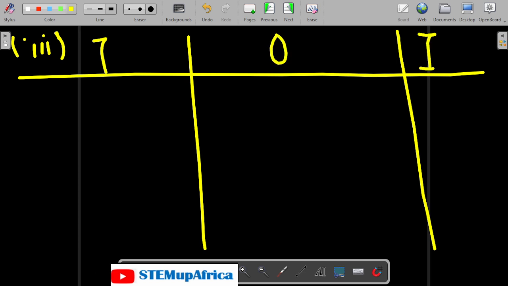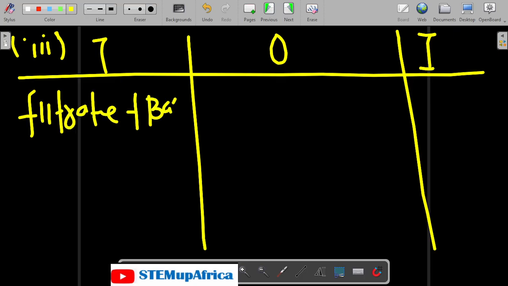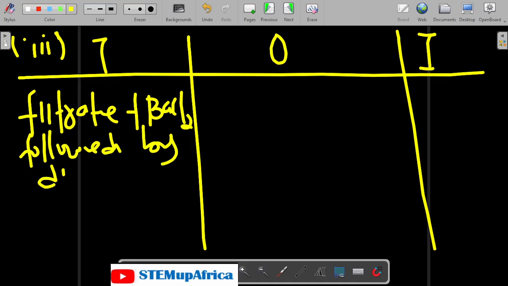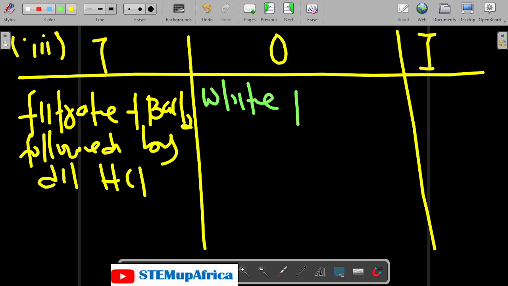So I'm having filtrate, 2 cm cube of it, plus barium chloride, followed by dilute HCl. What are we seeing? A white PPT formed. That's what we are going to see by adding barium chloride to the filtrate.